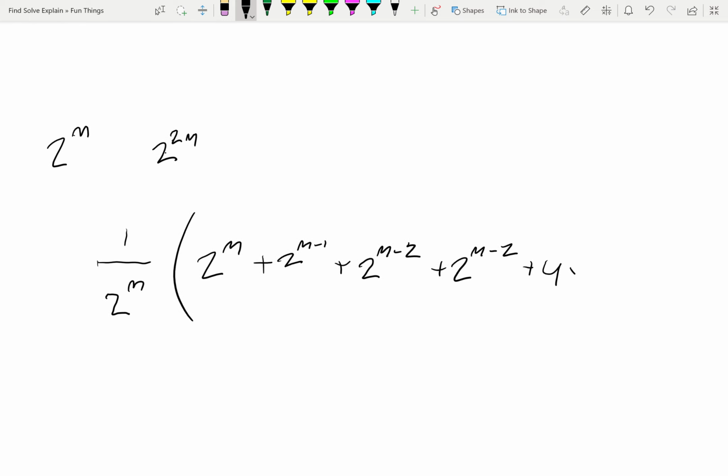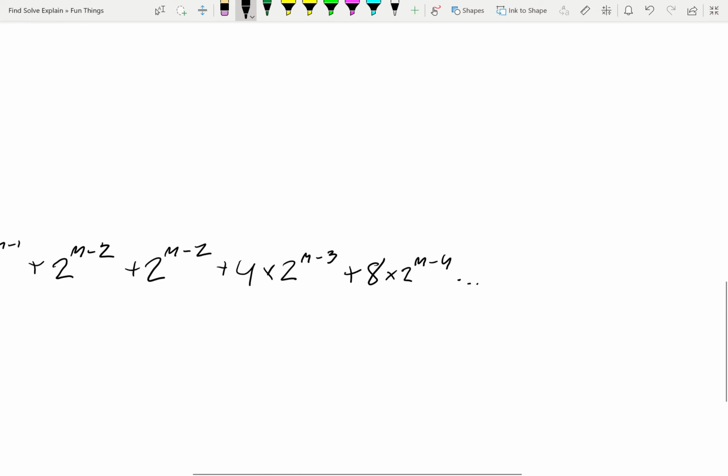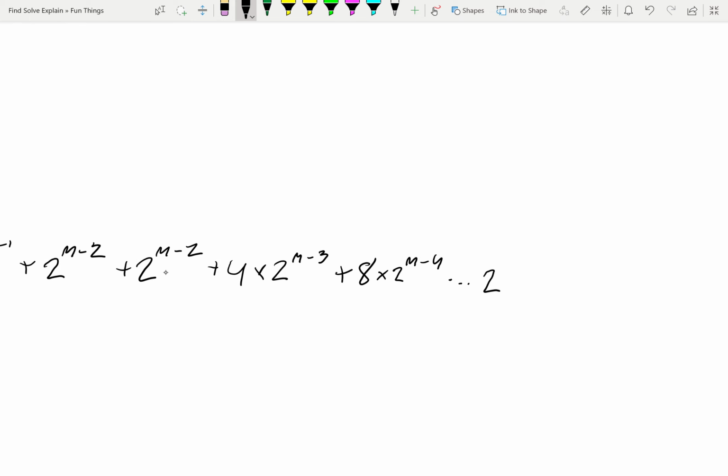So we can write this as 4 times 2 to the m minus 3. And then there will be 8 for the next one. This is assuming m is large. All the way until we have 2 to the m minus 1 times 2 to the m minus m. This would be all the ones at the end.